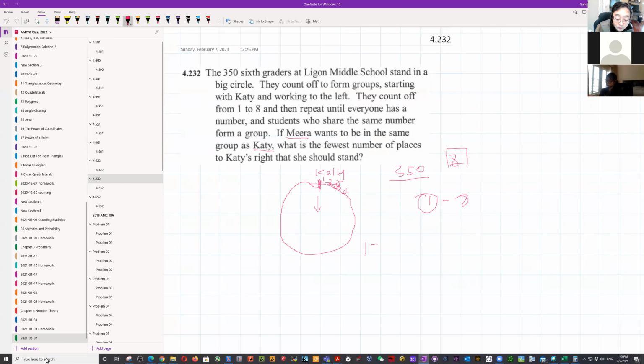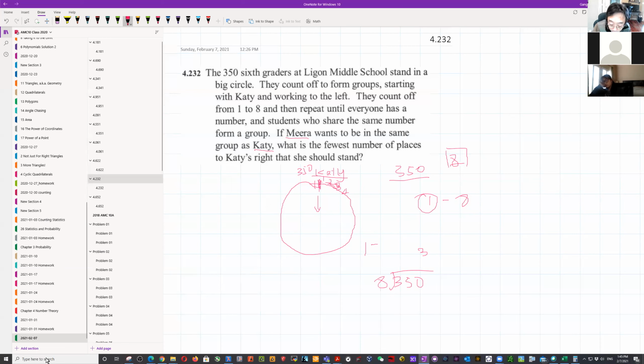So if Katie is 1, the person sitting to the left of her is 350. So let's see 350, what is the mod of that to 8?